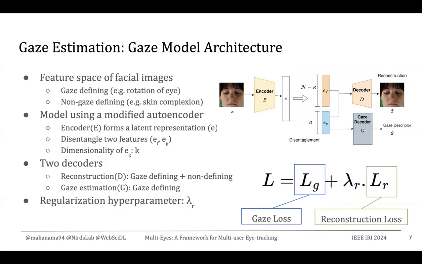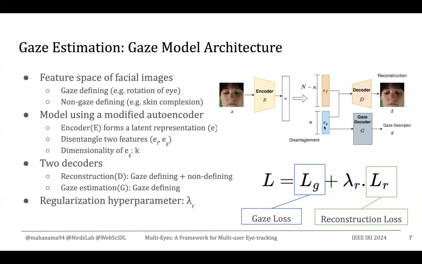In our model, an encoder forms a latent representation E. The latent representation E, we then split into two categories: gaze-defining features as EG and non-defining features as EF, with EG, the gaze-defining features, having a dimensionality of 2.